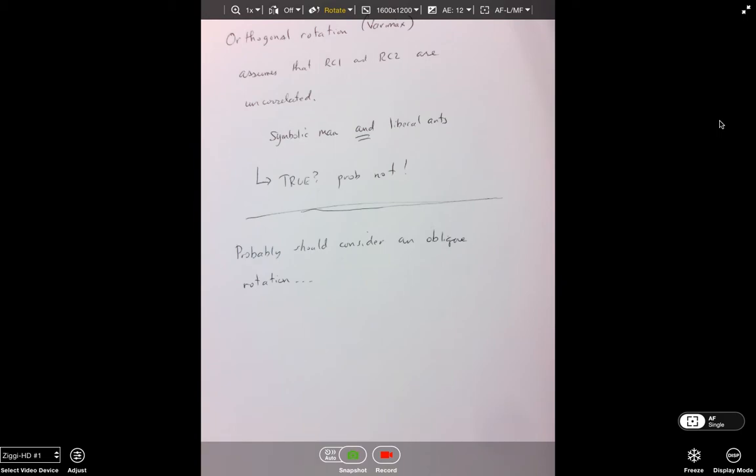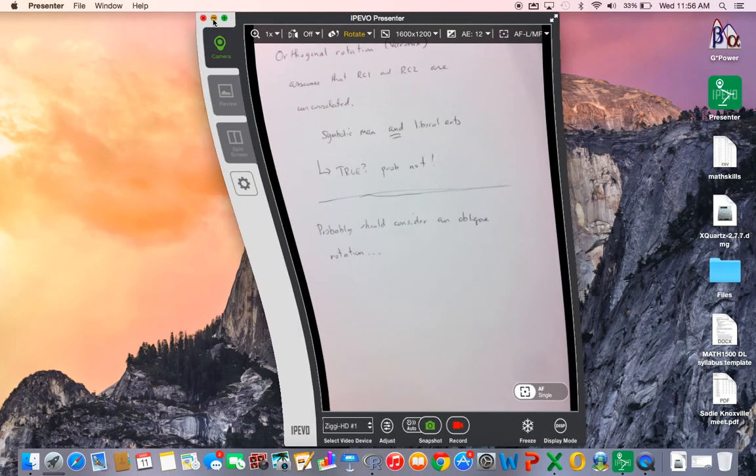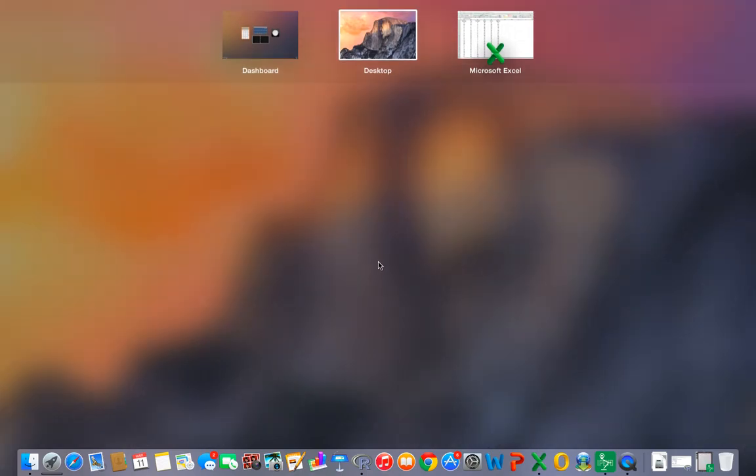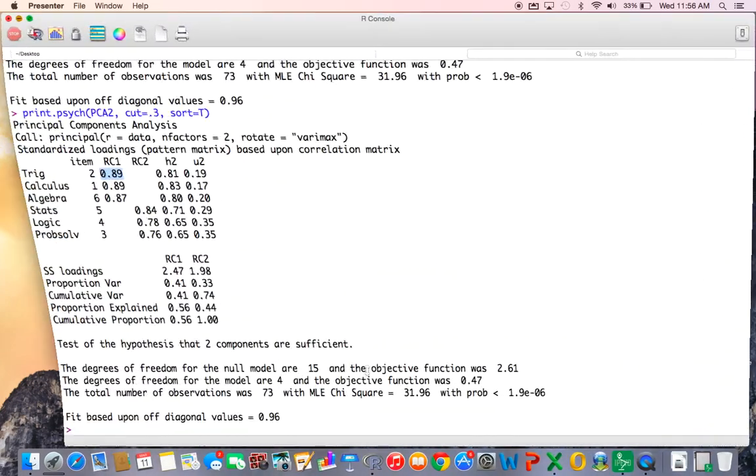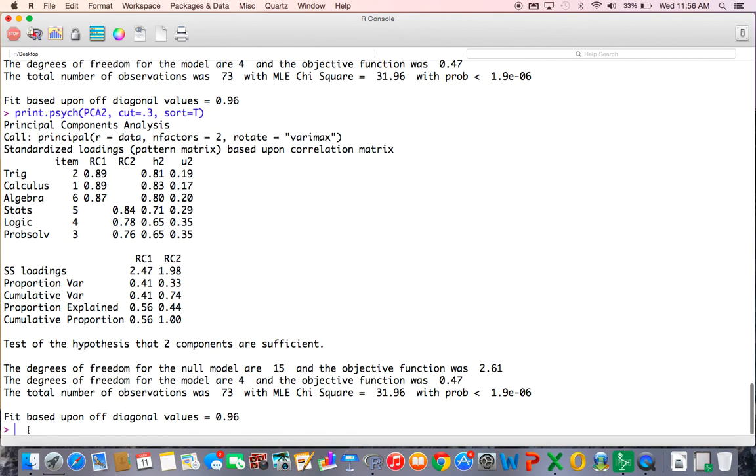Oblique allows us to make more sophisticated types of rotations. So what we can do to run this is, well, let's just go run it. So what I want to do now is create a new model, but I want to run an oblique rotation.